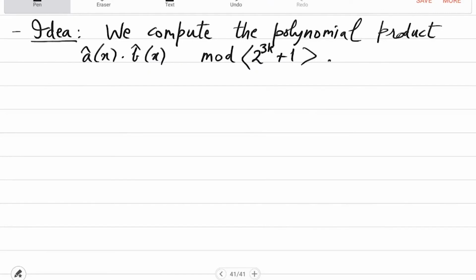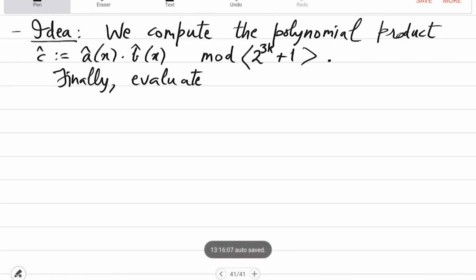We basically want to save on the integer arithmetic as much as possible, and so to do that, we go modulo this 2 raised to 3k plus 1. And then finally, this A hat B hat is C hat. Finally evaluate C hat at 2 raised to k. Okay, that is the idea.